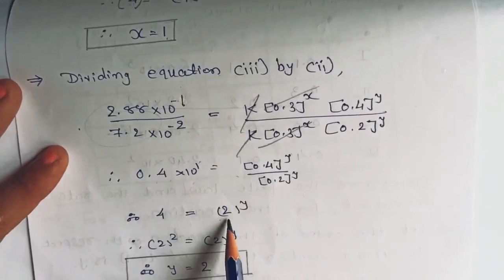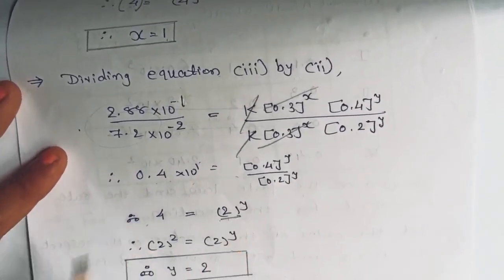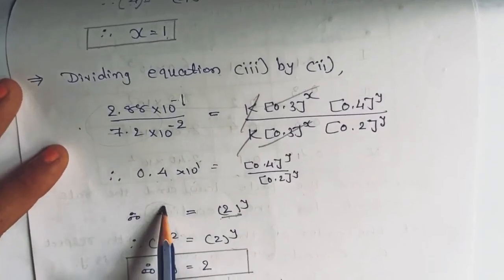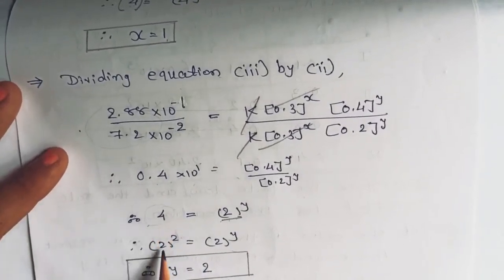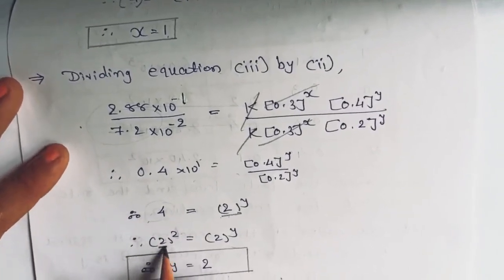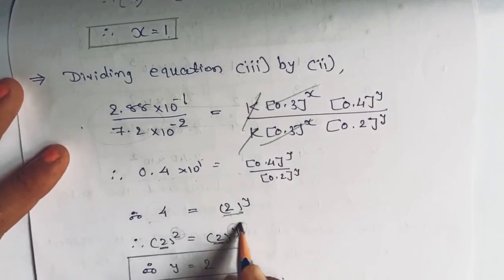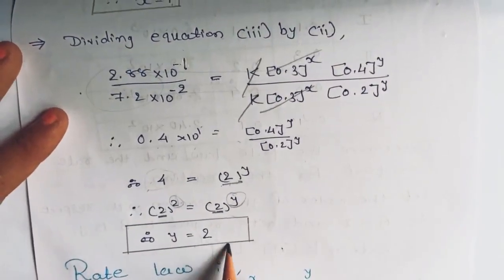Alright, here the base is 2. So you also want the base 2 on the left-hand side, but you have 4. You can write 2 squared in place of that 4. So now our base is the same and you can compare the exponents. So you will get y equal to 2.